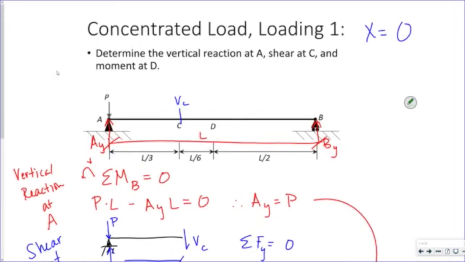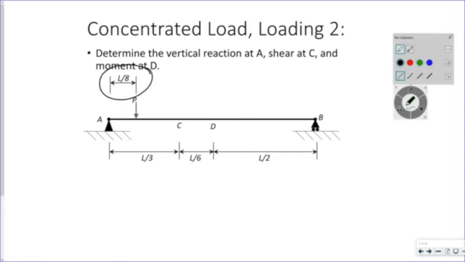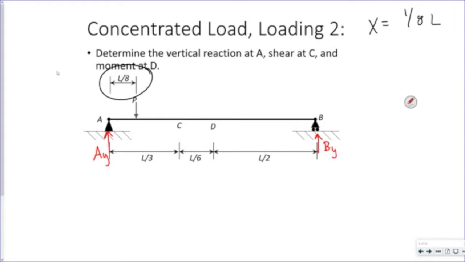Okay, that was loading 1, x equals 0. Loading 2, I put my P at L over 8, so x equals 1/8 L. Again, I have my vertical reaction at A, my vertical reaction at B. I'm going to take the sum of the moments about B equal to 0.